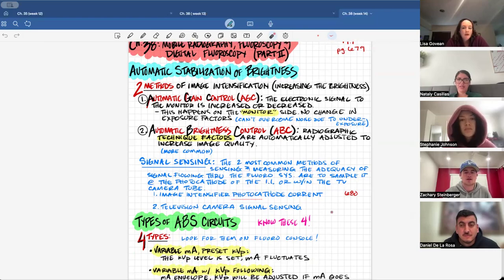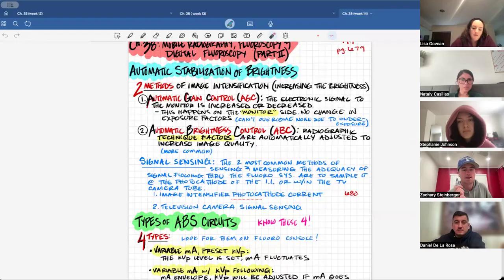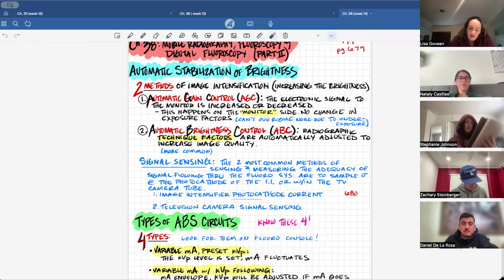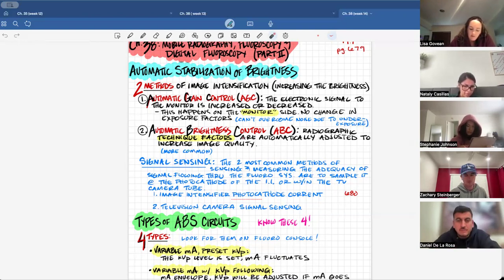Oh, there's a typo in your notes. Automatic brightness stabilization, not control. ABC is supposed to be ABS.